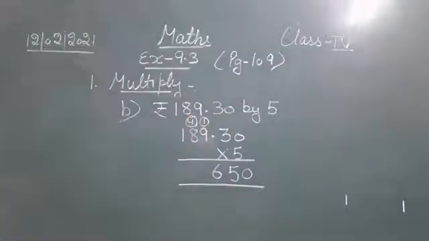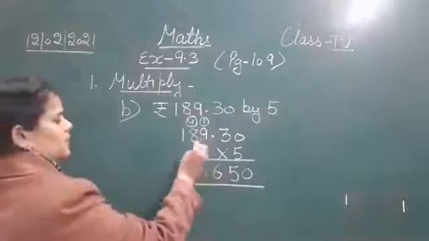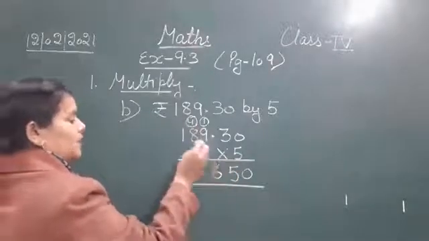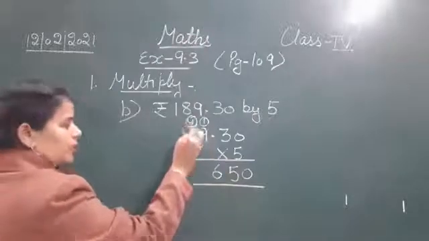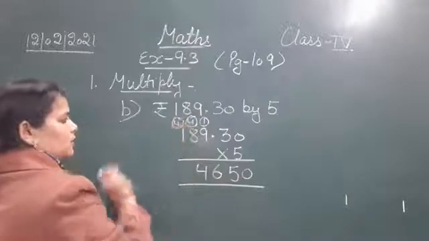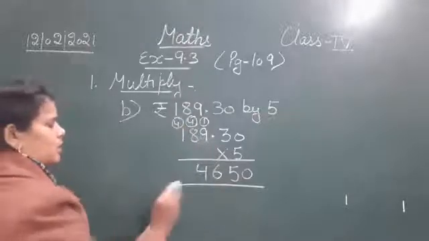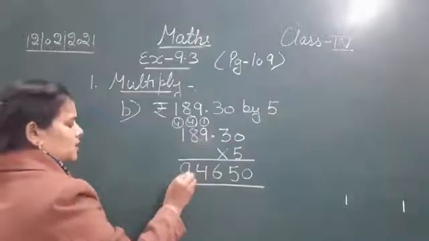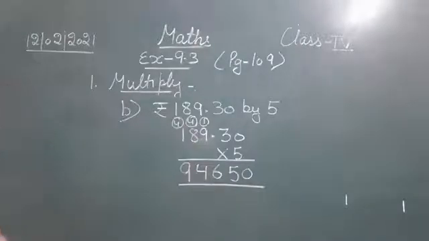Next, 5 eights are 40 plus 4, that will be 44. 5 ones are 5 plus 4, that is 9. So we got an answer, that is 94650.